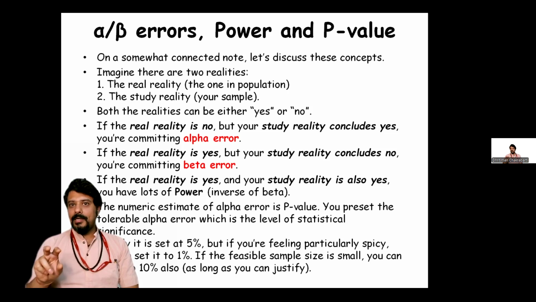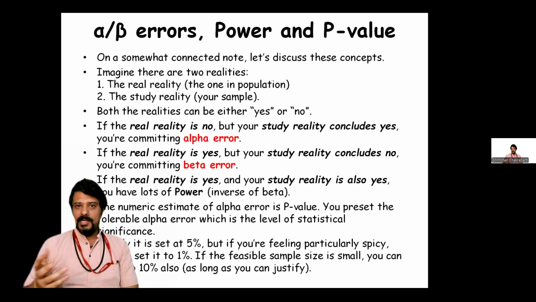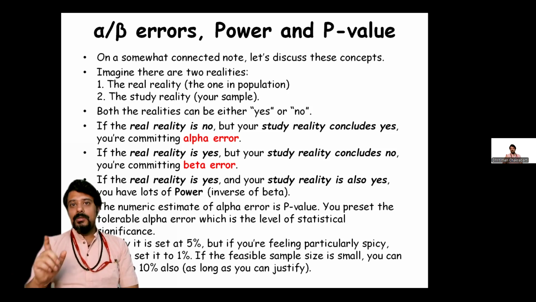So the estimate of true reality being reflected in your study is power. That is pretty easy to understand also. Basically you're powerful if you get the correct answer, right? It's like that. Then the next thing is p-value.